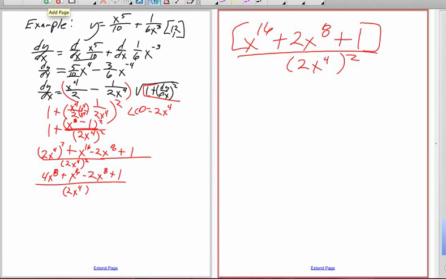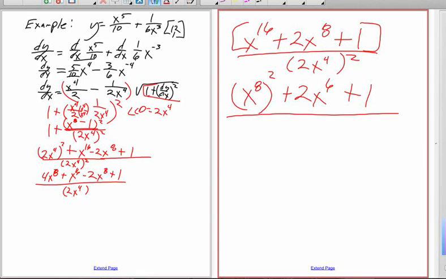So let's take a look at this. So this is going to be x to the 8th squared plus 2x to the 8th plus 1 over 2x to the fourth squared. And so this can be factored, all right?